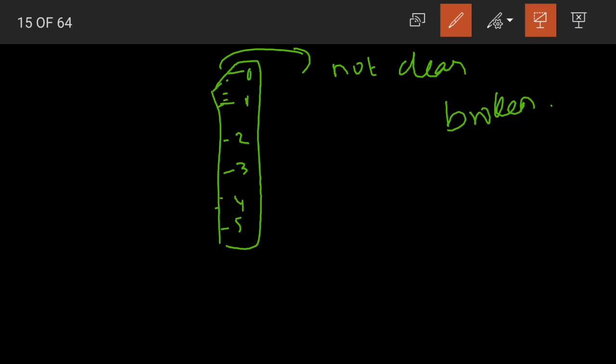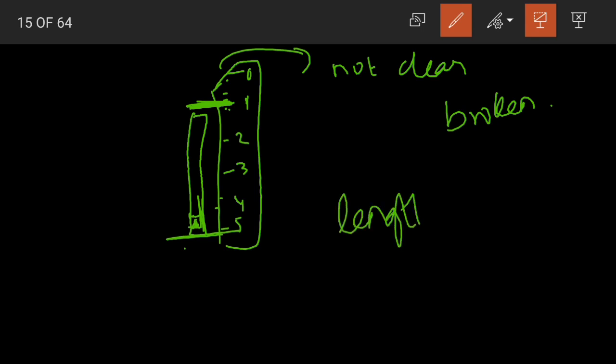Now go for the next clear line, that is go for the line that says 1 centimeter. Place the end point of the object coinciding with the 1 centimeter line. And then if we look at it, the object is ending at 5 centimeters. Now what will the length of the object become?